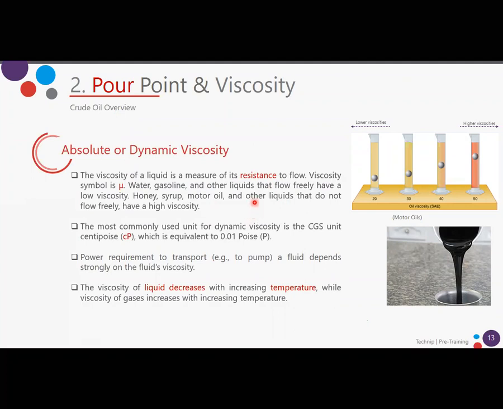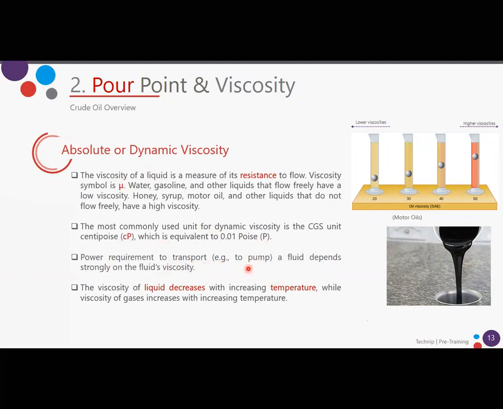Compared with honey, syrup, motor oil, and other liquids that don't flow freely, they have a high viscosity. The most commonly used unit for dynamic or absolute viscosity is the centipoise. The power requirement to transport a fluid depends strongly on this viscosity.